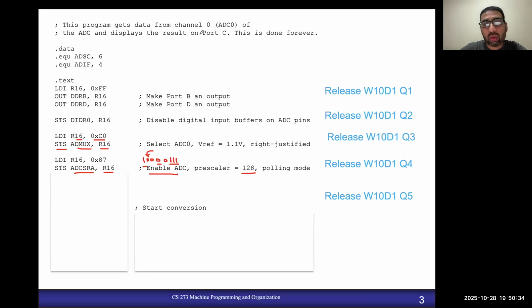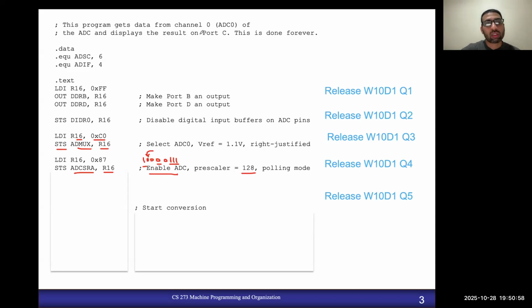Keep in mind, you cannot use the IO instructions, which means you cannot even use the SBI instruction, like set IO bit, because that is used for IO registers, and ADCSRA is not an IO register. I mean, it is an IO register, but in the extended field, an extended IO register. So we cannot use the SBI instruction with the ADCSRA register, right?